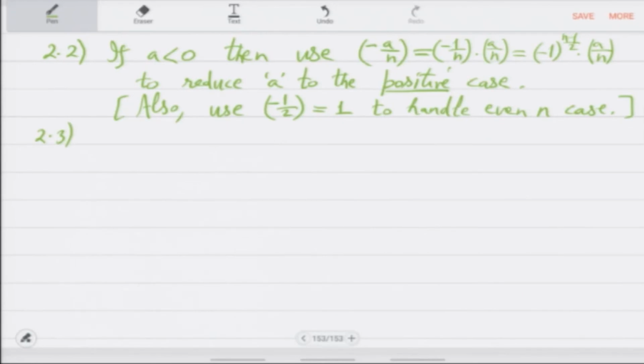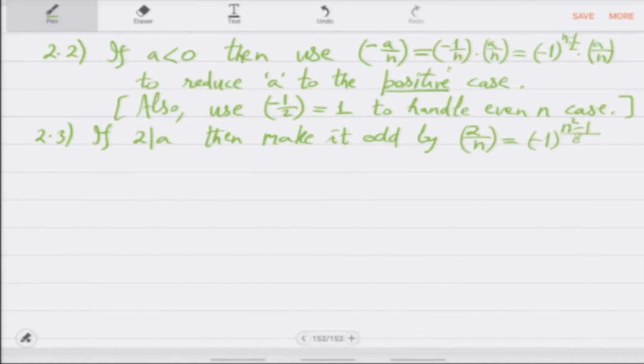Next, let's make a odd. If 2 divides a, then make it odd by using the fact that 2 by n is minus 1 to the n squared minus 1 by 8.